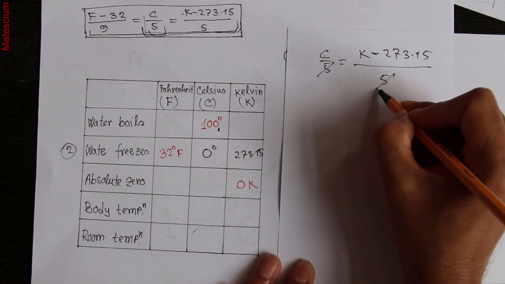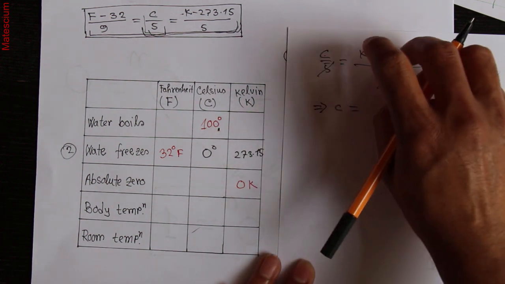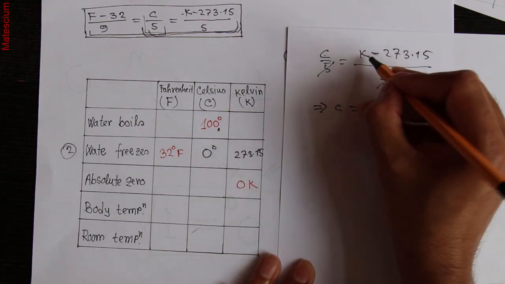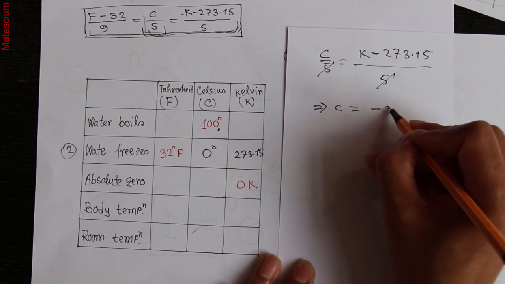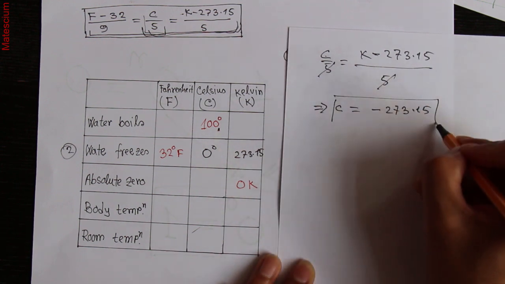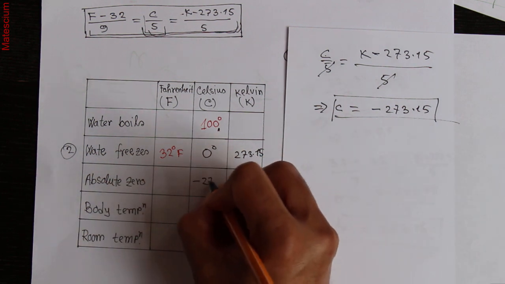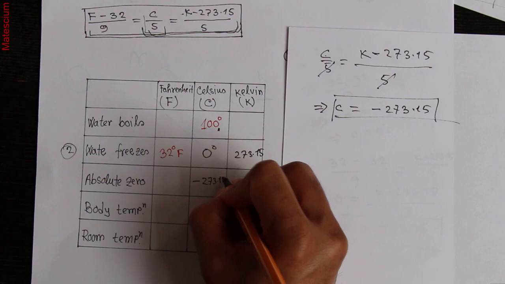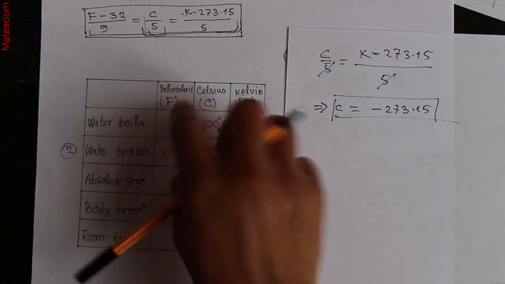This 5 and that 5 cancel each other, and the remaining is C equals K, which is 0 Kelvin. That means 0 minus 273.15 means minus 273.15. Yes, this is the answer. That means 0 Kelvin equals minus 273.15 degrees Celsius.